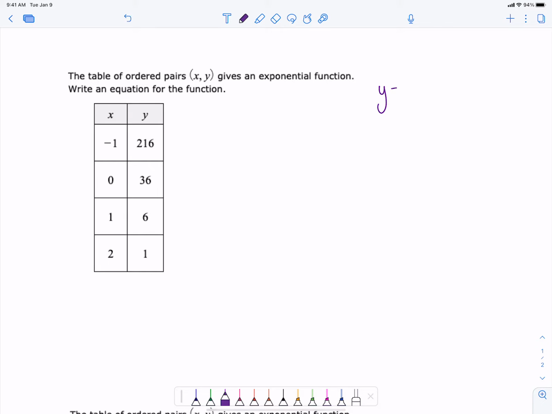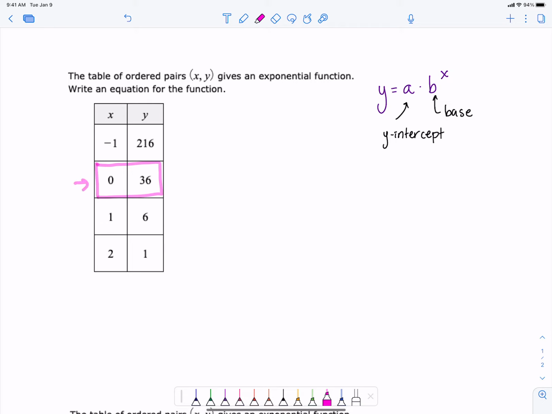So the exponential functions that we have are going to be y equals a times b to the x. In this, b is our base, and a is always going to be the y value of the y-intercept. In this table, a is what we get for the y value when x is 0.